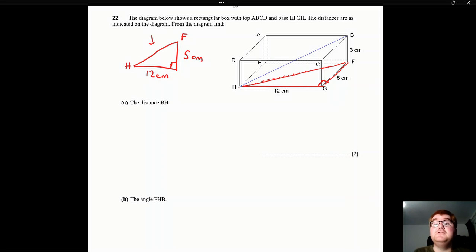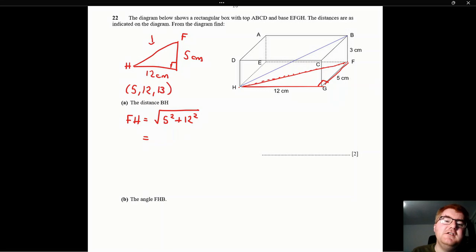Now I like to recommend doing this in one smooth calculation. So FH here is equal to the square root of these two squared, so 5 squared plus 12 squared. Now you can pop that into your calculator, but hopefully you know your Pythagorean triples. So 5, 12, 13 is nice numbers that fit together. So FH here is actually just equal to 13 centimeters.